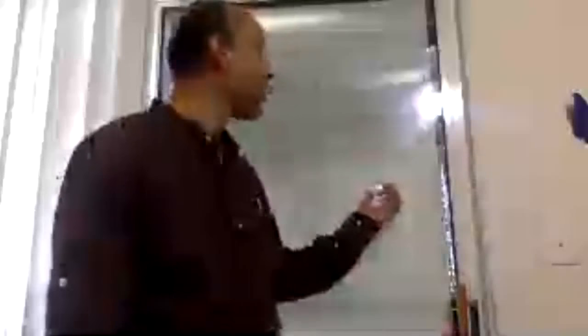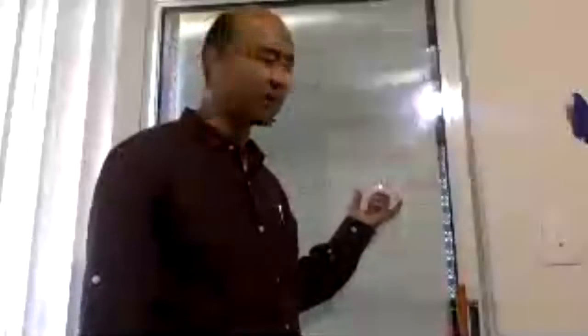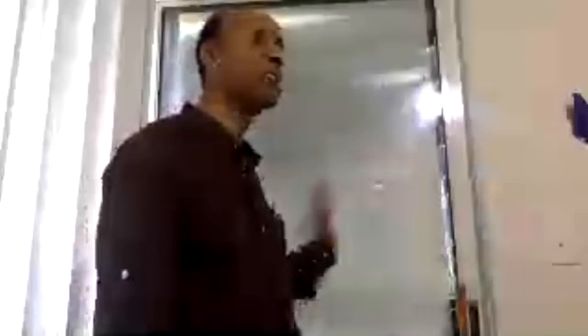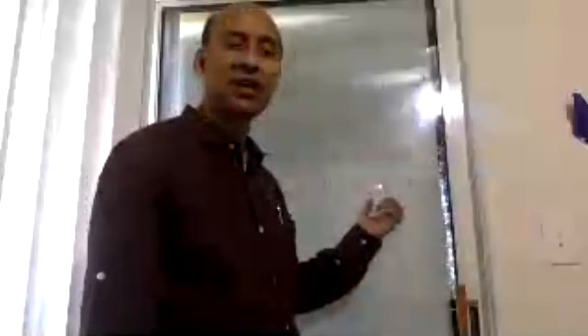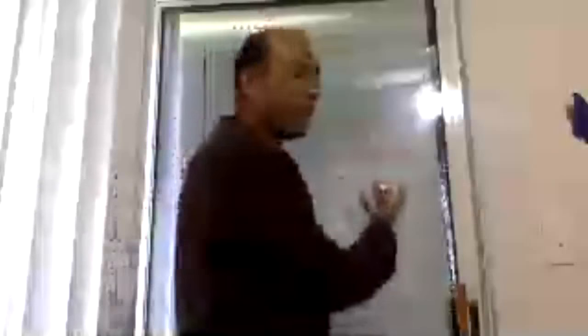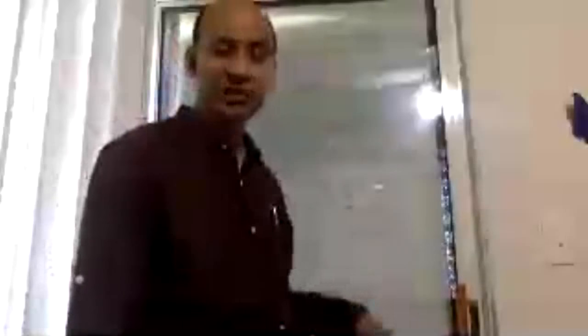Second, what about ammonia? If I increase the concentration of ammonia, that is the product, the backward reaction is pushed. So in fact, ammonia gets decomposed. Therefore, I should never keep the concentration of ammonia high. If I want to have more ammonia, what I do is, the moment ammonia is formed, I will take it out, either by liquefying it or by dissolving it in some water or something.